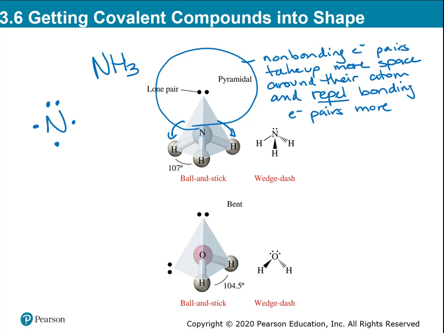And that's why nitrogen doesn't just spread its 3 bonds out into a triangle. That's why you end up with this slight elevated appearance. This creates the pyramidal shape.